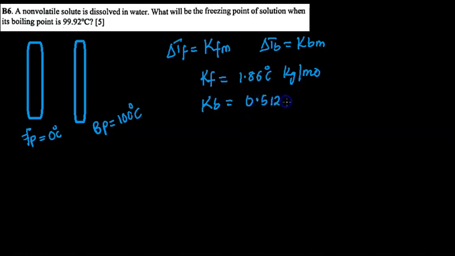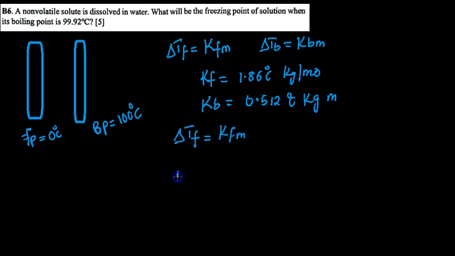So KB is a constant. Let's assume m is the molality of the solution. Let's assume we are asked to find the molality using delta TF, which we said is KFm. Molality m is going to be delta TF divided by KF.